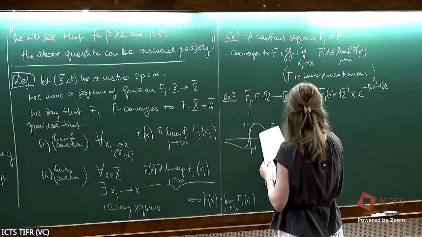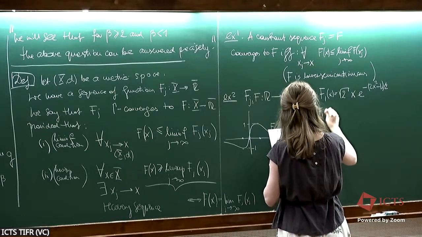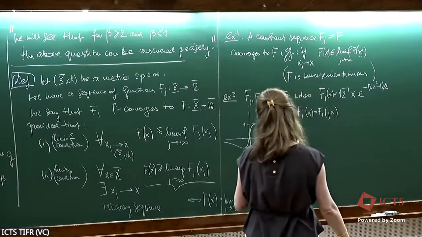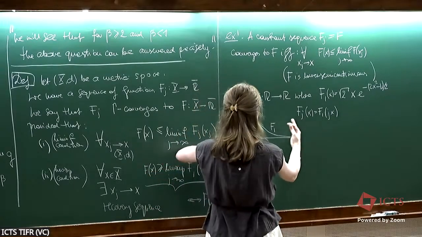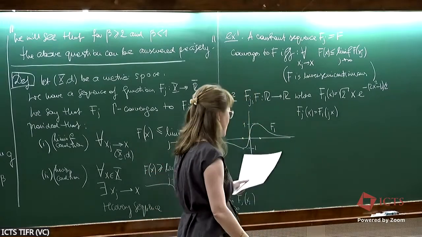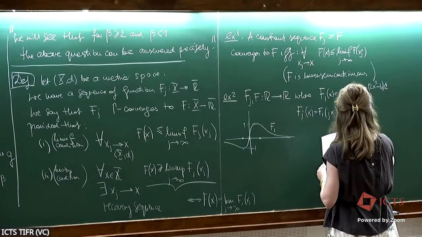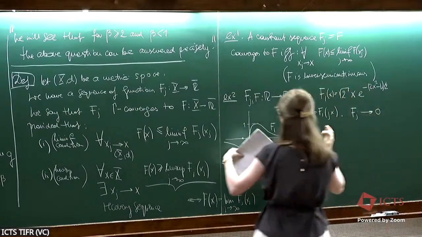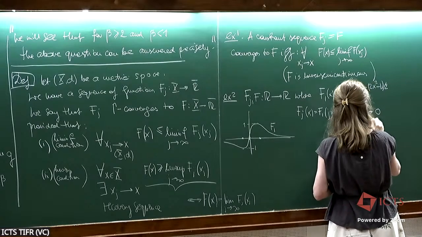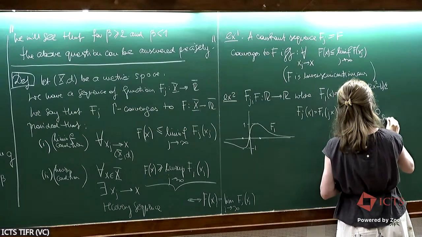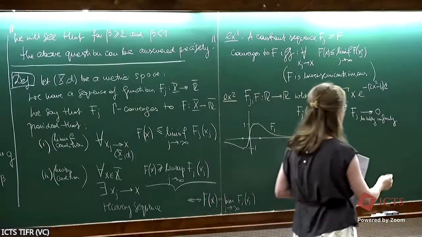And then I define fj of x to be f1 of jx. So what happens when j goes to infinity? This is squeezed. So clearly we see that fj converge to 0 locally uniformly, certainly locally uniformly outside of 0.